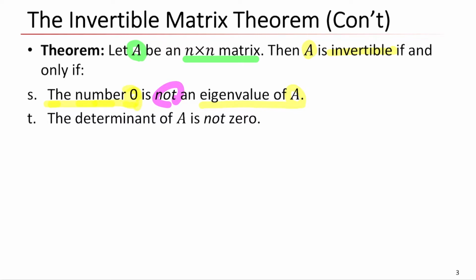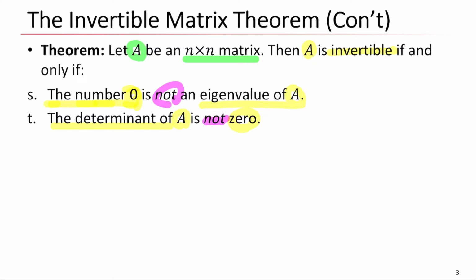Then, in case A is invertible, one more thing is that the determinant of the matrix A is not 0. If you remember the definition of the determinant, if the determinant of A is not 0, A is invertible, right? There was the theorem, right?